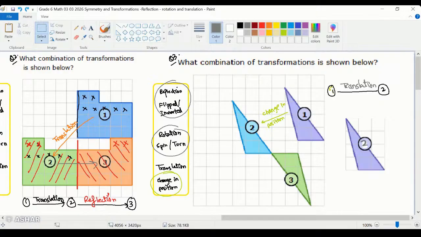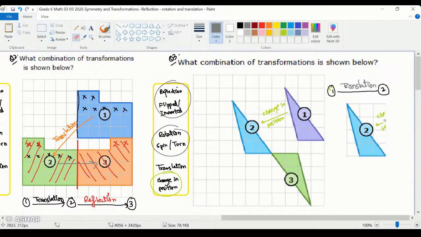I'll show you in a moment. Shape number 2 can have two options, it can be reflected or rotated, right? When a reflection is done, what happens? I'll show you.